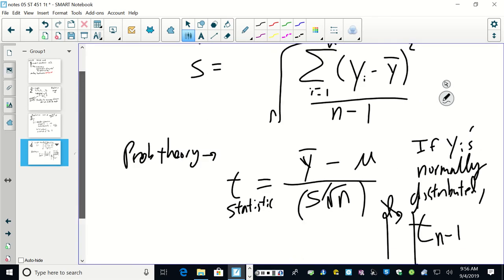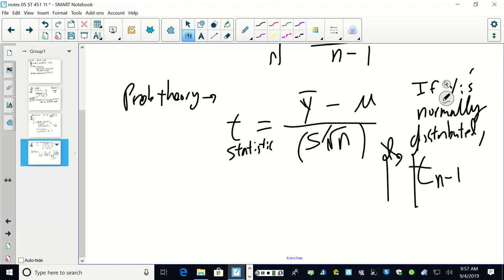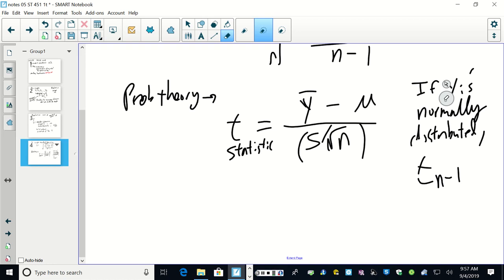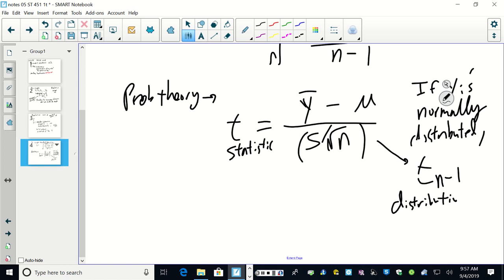It has that t probability distribution. And so we can think about the probability distribution for t, right?